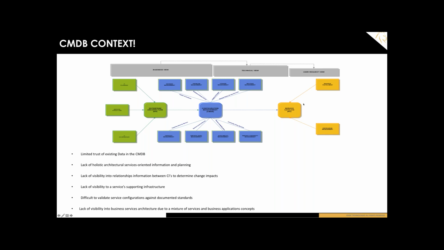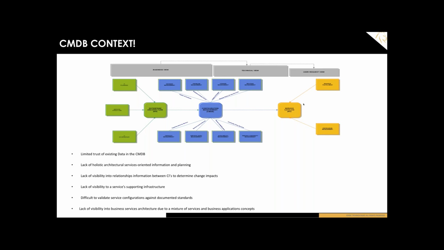In orange here, the idea is that we need to represent that CMDB to the end users via the catalog, where the end users can request work or request their services and see the status of the service management of the business services that are being provided.